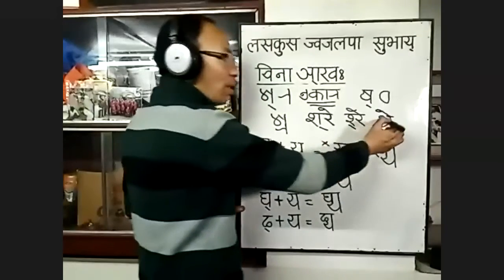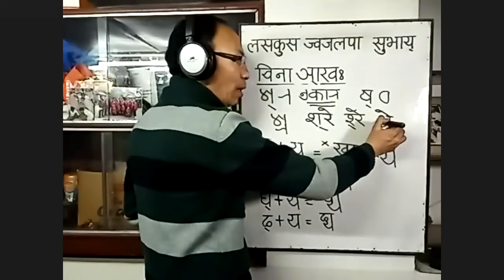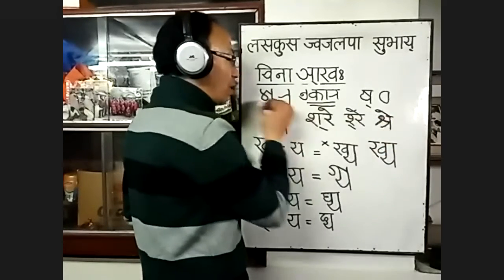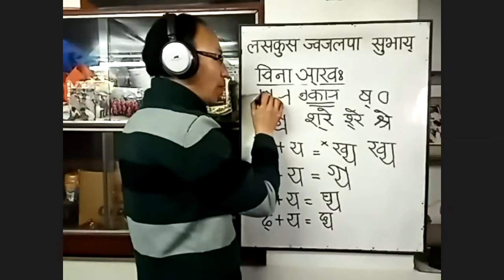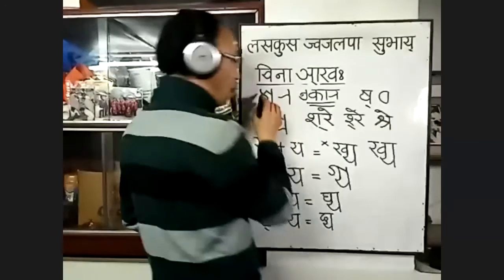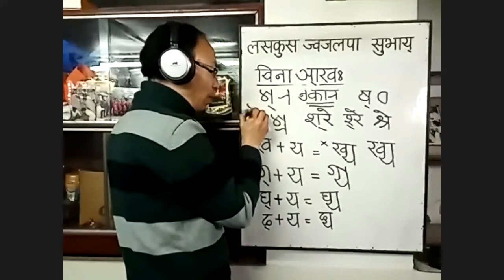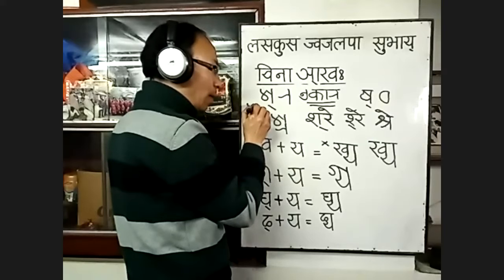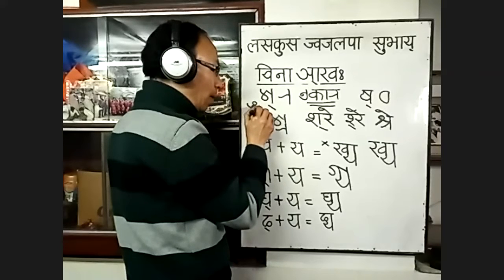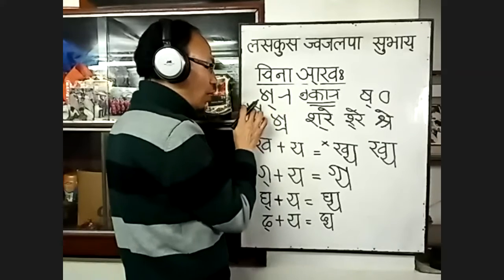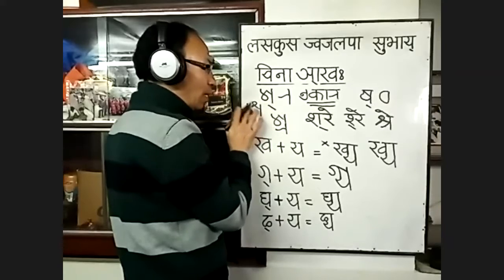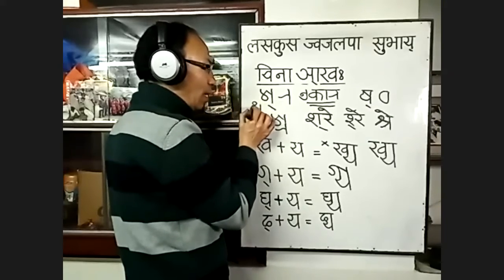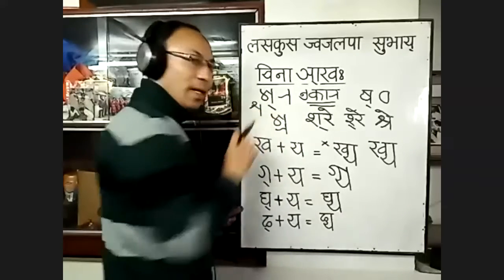So if you have a look here, it is quite similar to these letters. If we write like this, and we delete this part, then it is so in Devanagari also.